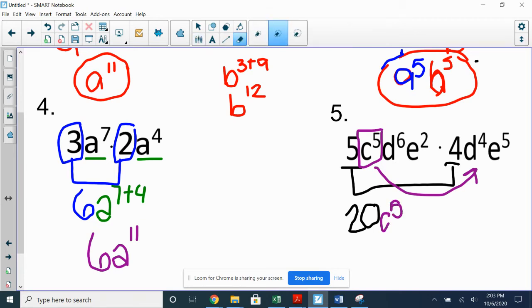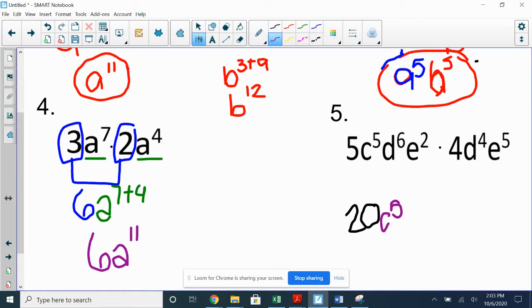And then I would keep going to my different bases. So then I have D and E. So I have D to the 6th and D to the 4th. So I know that with my D, we're going to keep that matching base of D. And I'm trying to pick a different color, because we know C is the only one of itself.